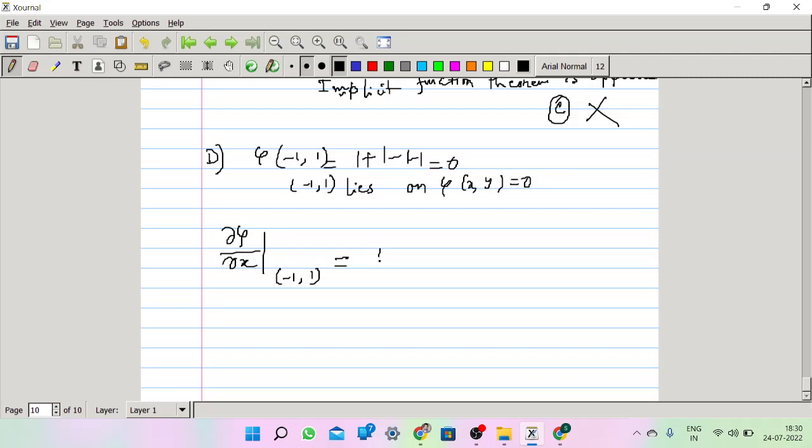So del phi upon del x is only 1, a constant function, so it gives 1, which is non-zero. That means the implicit function theorem is applicable. So by the implicit function theorem, x can be expressed as a function of y in the neighborhood of minus 1 comma 1. So option D is correct.